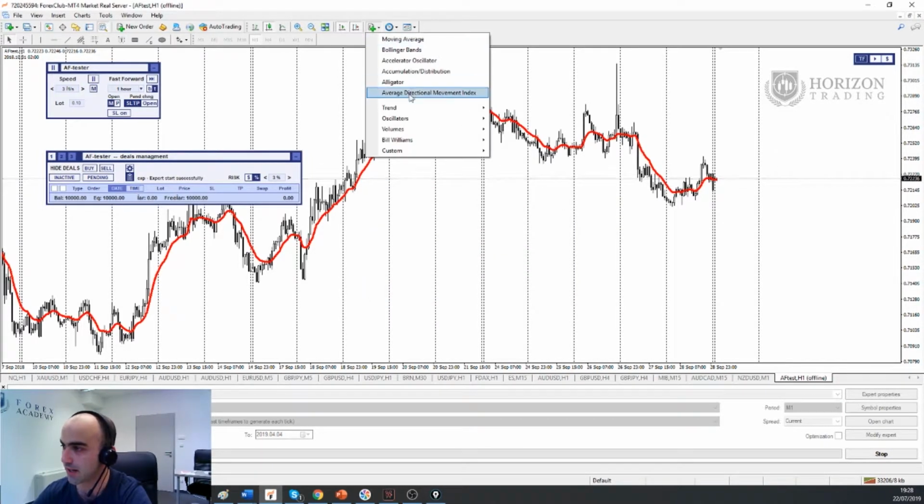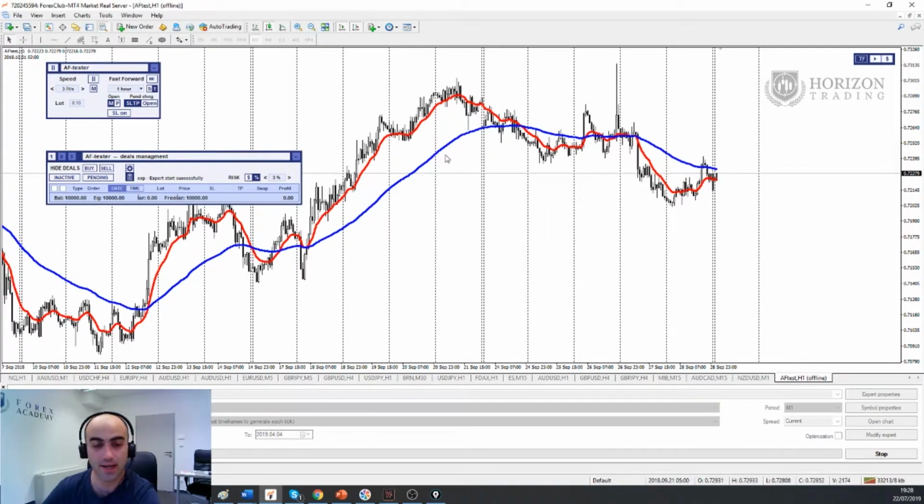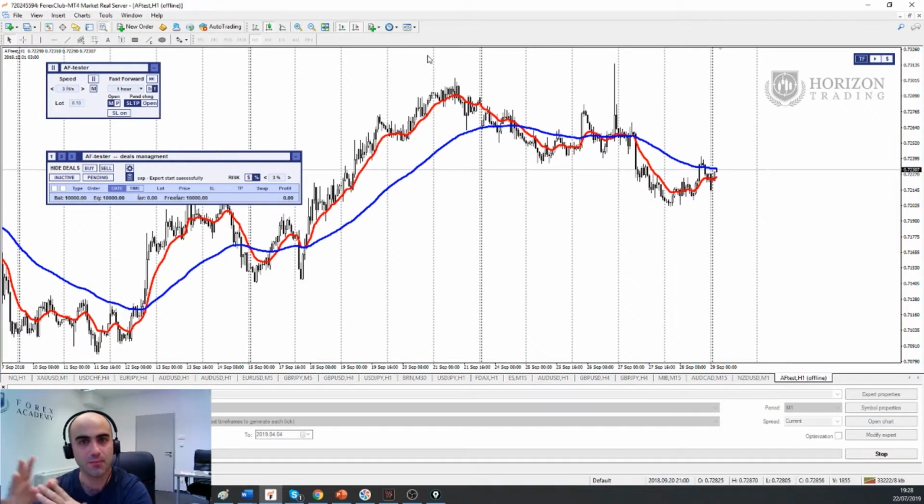We're going to highlight it with the red color, and 72 with the blue. Again, we want to see those three main points, so crossing, convergence, and divergence, in order for us to better understand price movements and catch up and ride that long trend.